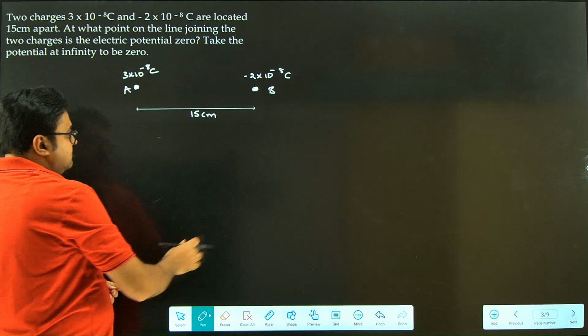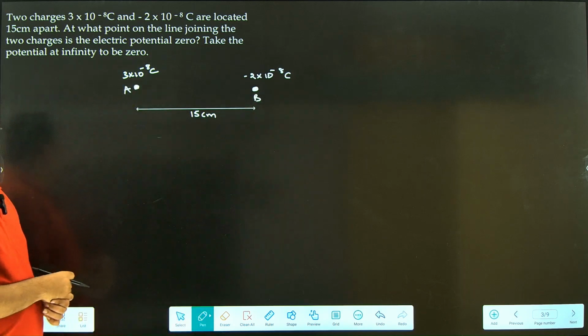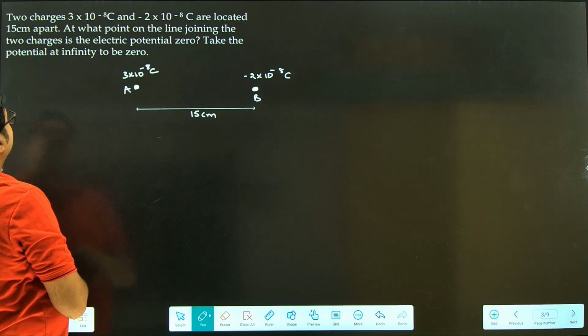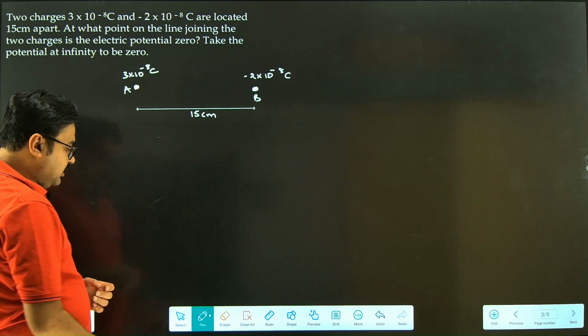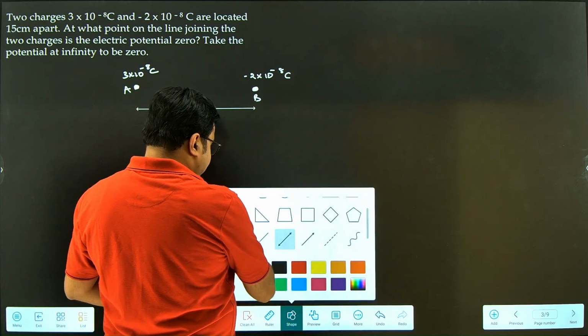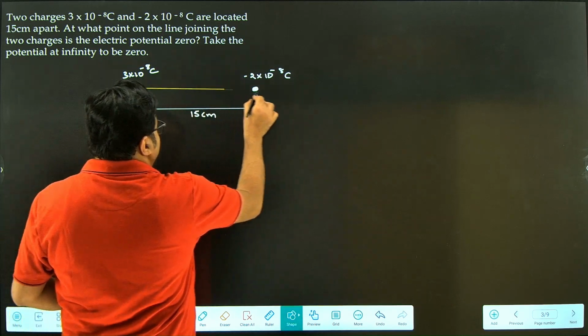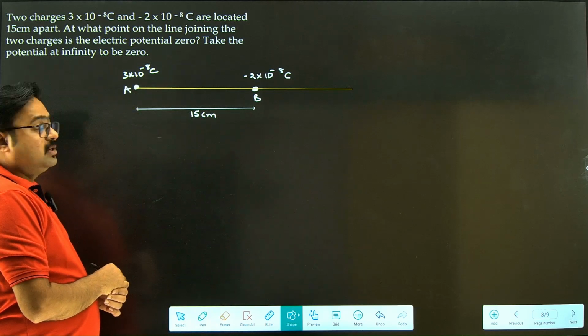Well, when that is the situation, how do you go about solving this question? Let's find out. At what point on the line joining the two charges? So there is a line joining the two charges. Let me draw that out as well. So we have the line joining these two charges, right? This is the line joining these two charges.